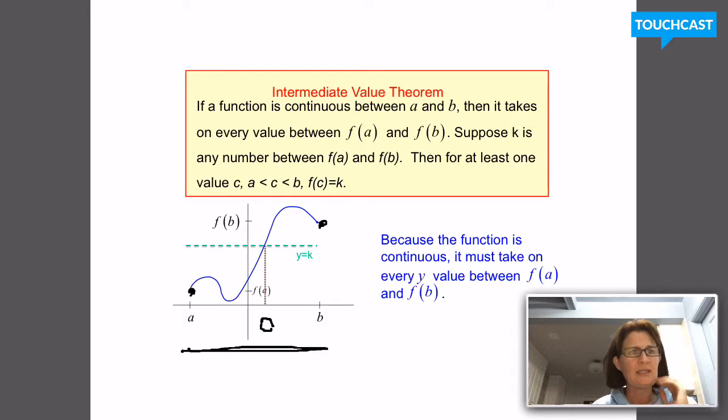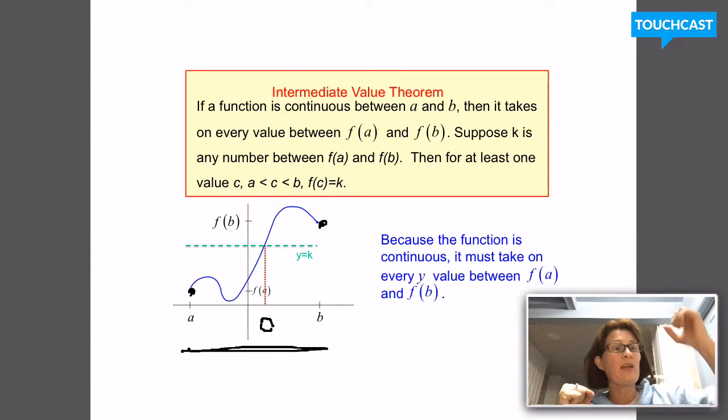So really what this means is, since we're promising that the function we're talking about is continuous, and I know one y value that's smaller than the y value I care about, and one y value that's bigger, since the function is continuous, I know that the function can't skip over my y value.